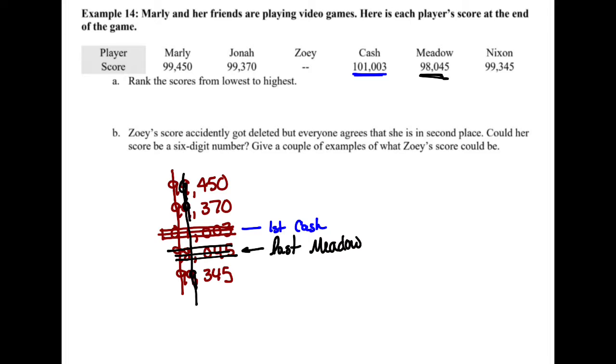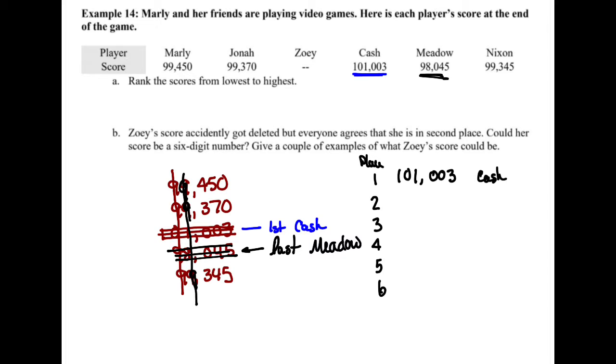So, tell you what, let's go over here on the side, and we'll do 1,000, 100, 1,000, 3 is the top. So we have first, second, third, fourth, fifth, and sixth place. Okay, so we know Cash is first.